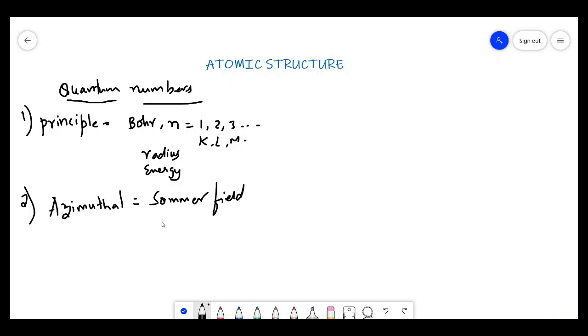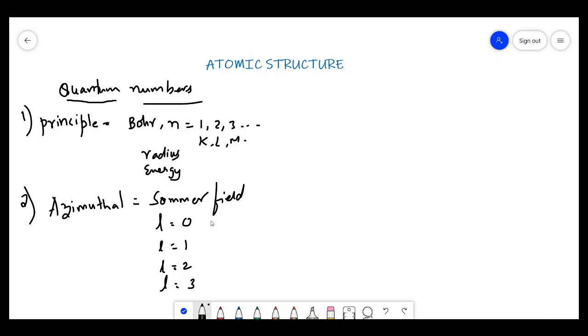And this is denoted by the letter L. L can have values 0, 1, 2, and 3. And remember, the L value should always be less than n.